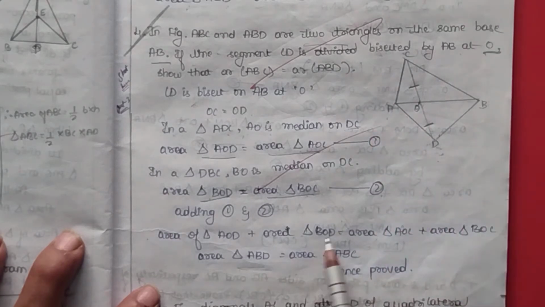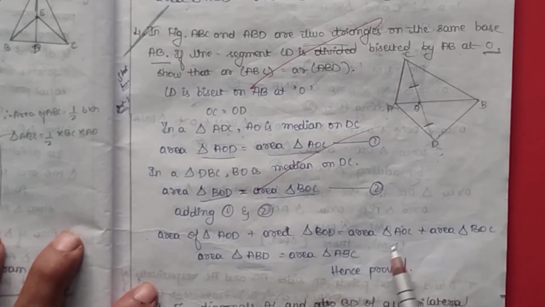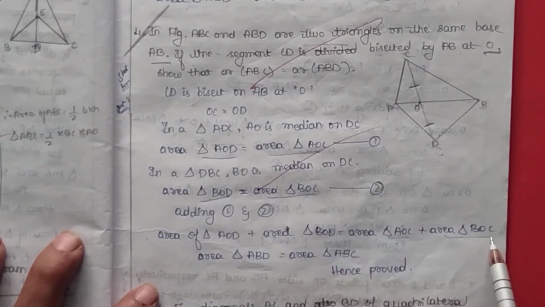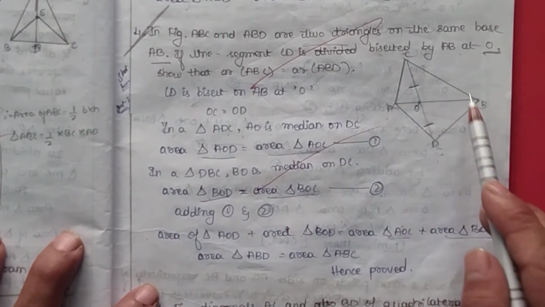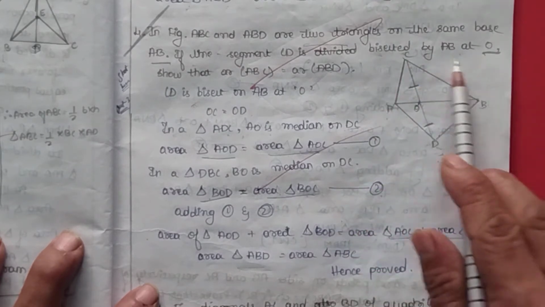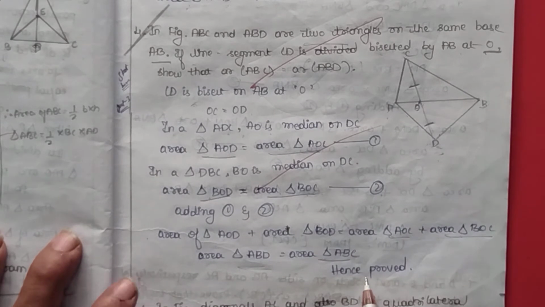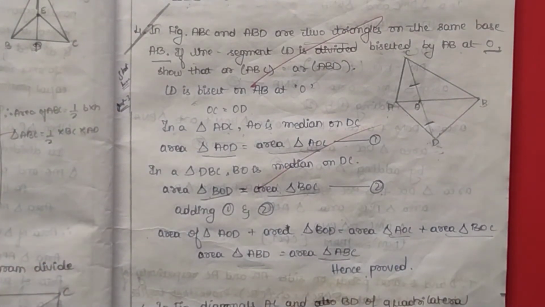Similarly, on the right hand side, AOC and BOC, the upper half, give us triangle ABC. Hence proved. This is question number 4.